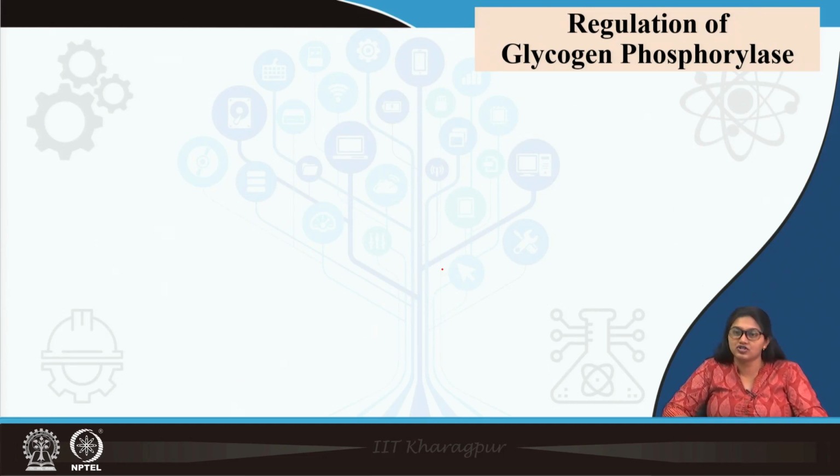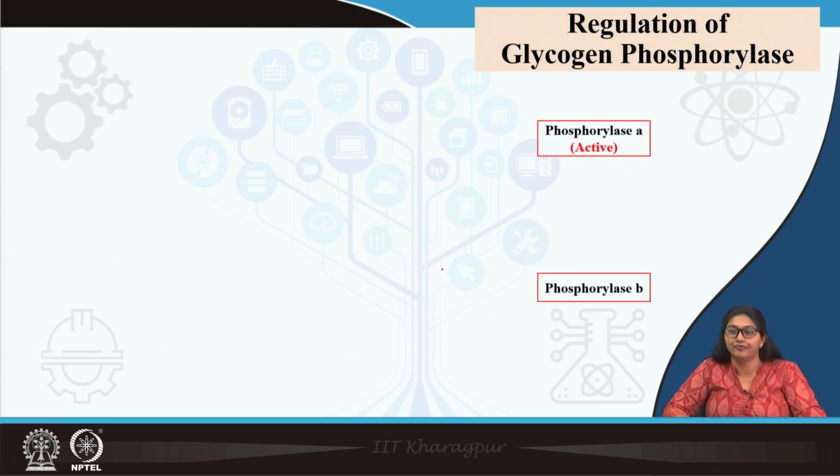They demonstrated that glycogen phosphorylase remains in two forms: phosphorylase A and phosphorylase B. Remember, this is the first phosphorylase ever discovered, so to honor this discovery, whenever we say phosphorylase, it means we are talking about glycogen phosphorylase.